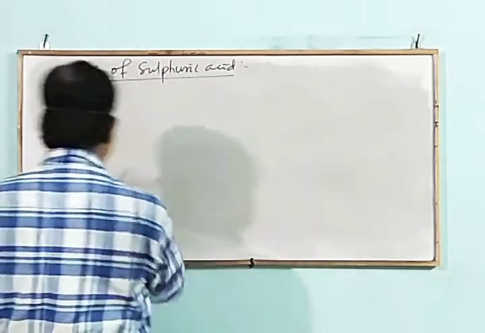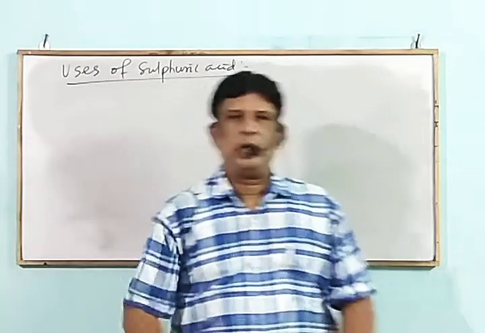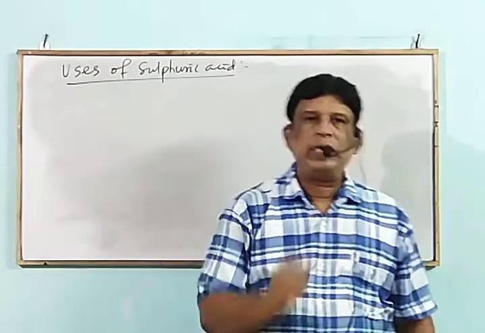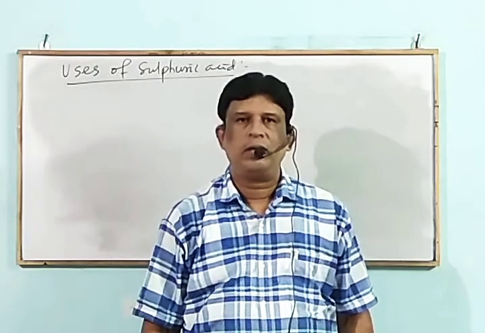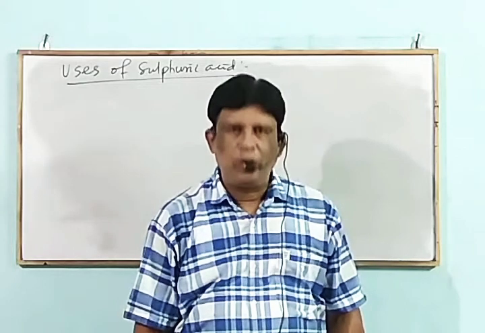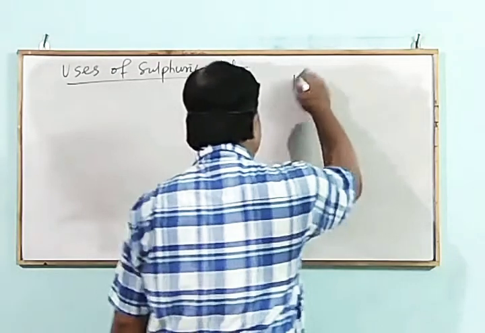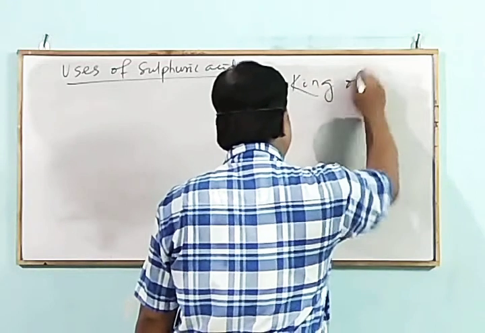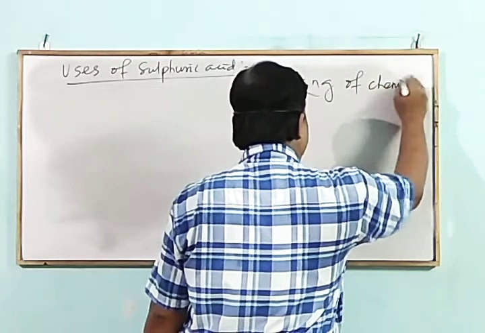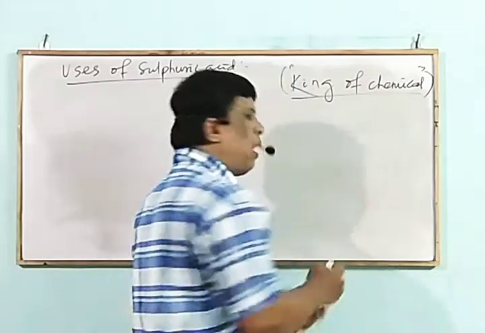So many uses of sulfuric acid are there due to its vast application. Sulfuric acid is known as the king of chemicals. I repeat again, due to its vast application.